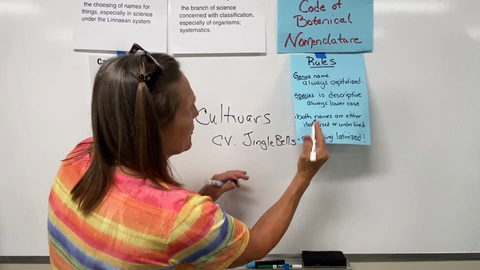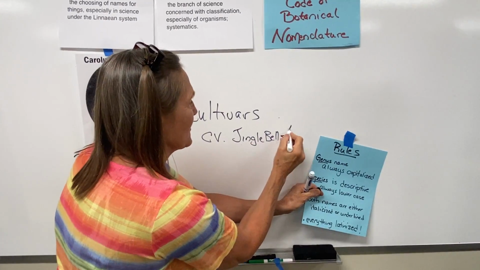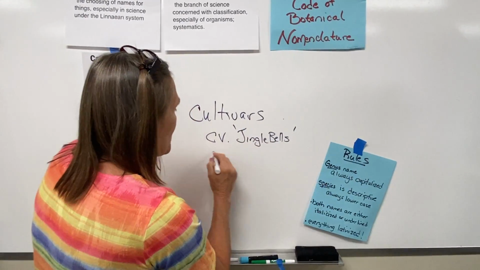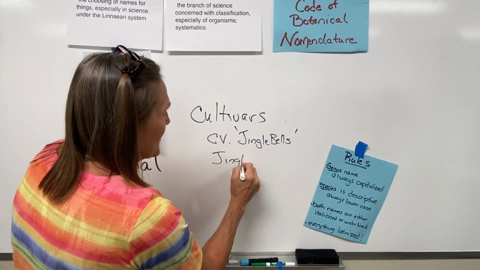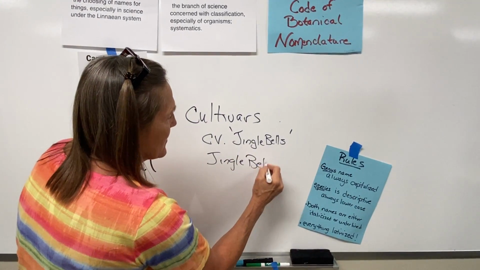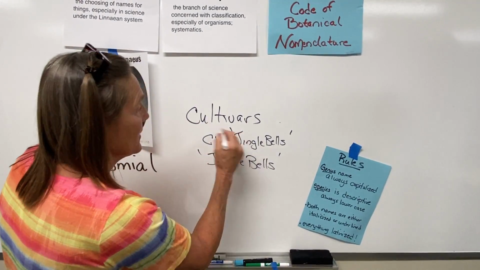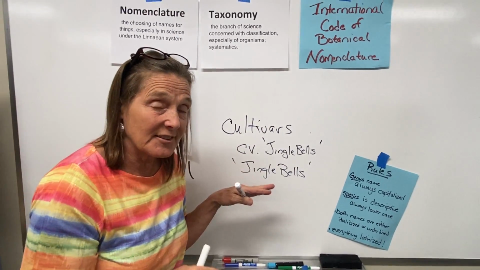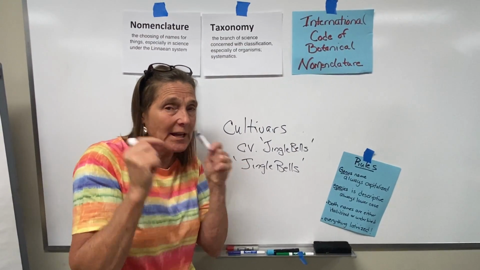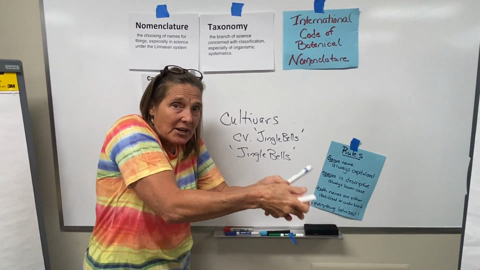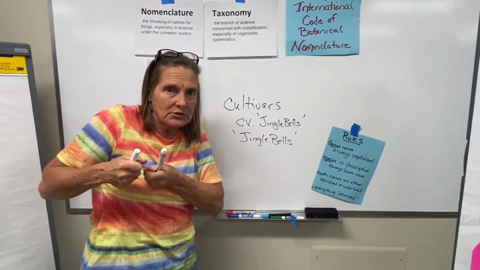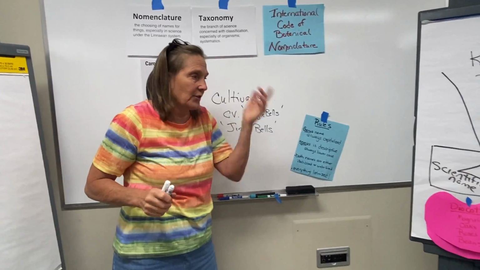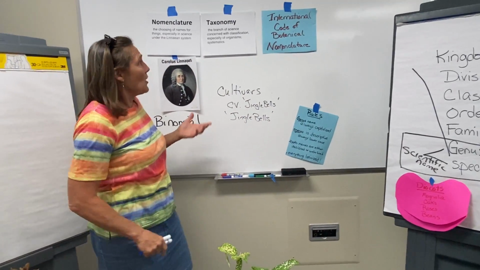So we can say Jingle Bells, and you can put the little lines up there, or you can just write Jingle Bells and put the little quote. It's just a single quotation mark. So there's different ways to write your cultivar, but that always means it's not just the plain old native species. It means somebody grabbed it away and cultivated it inside of those in their nursery. So there's the overall view.